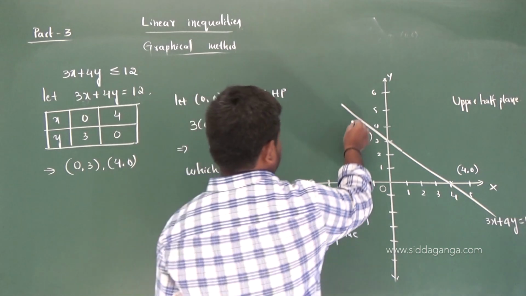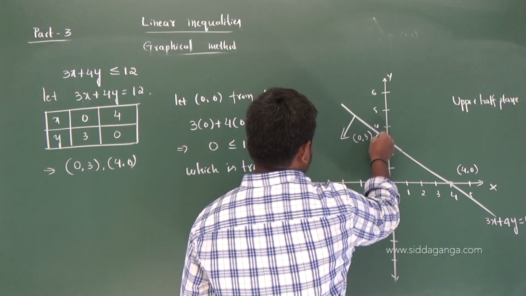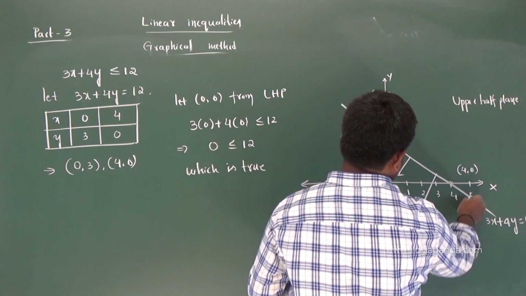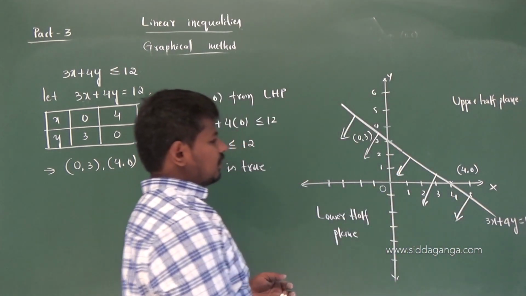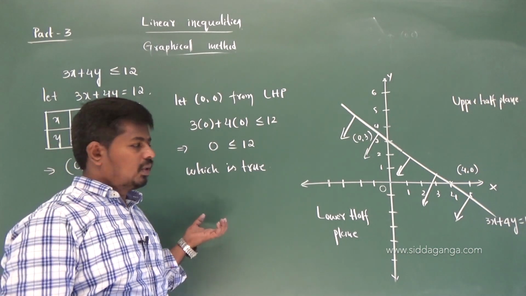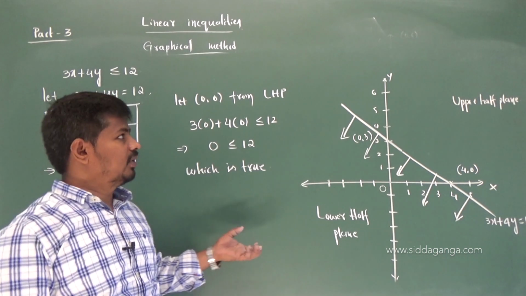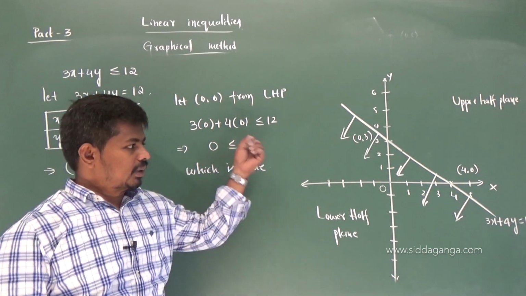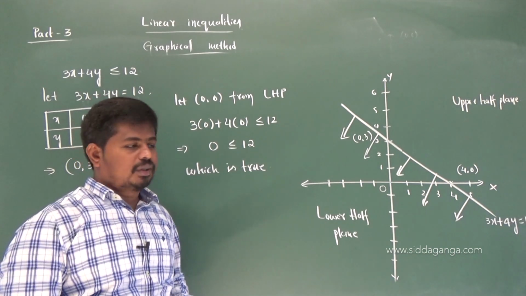So the lower half plane and also the points on the line become the solution region. At last, to write the conclusion: hence the lower half plane is the solution region for the given inequality, and the points on the line belong to the solution region.